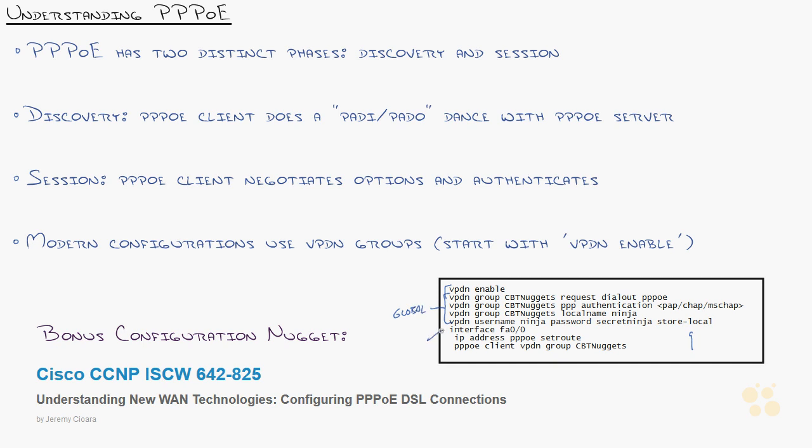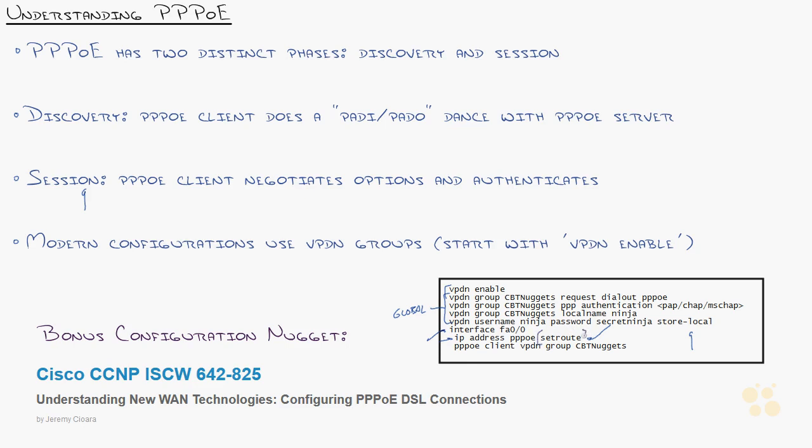Then you go under the interface, whichever interface you've connected to the DSL provider, and type in ip address pppoe set route. What that does is say whatever IP address you negotiate in this little session negotiation phase, this one right here, set that as the IP address of the FastEthernet or whatever interface you've connected to the provider.